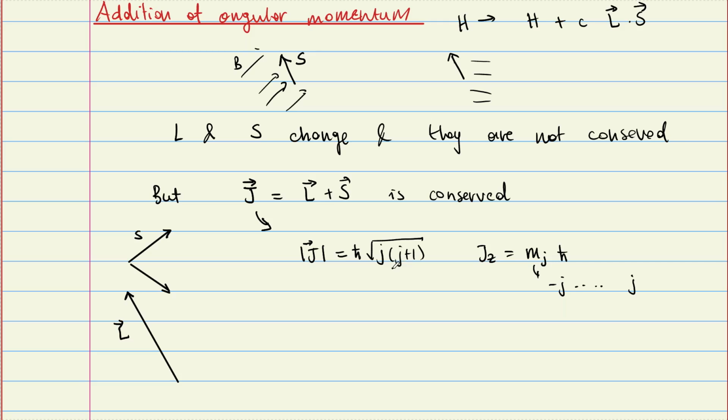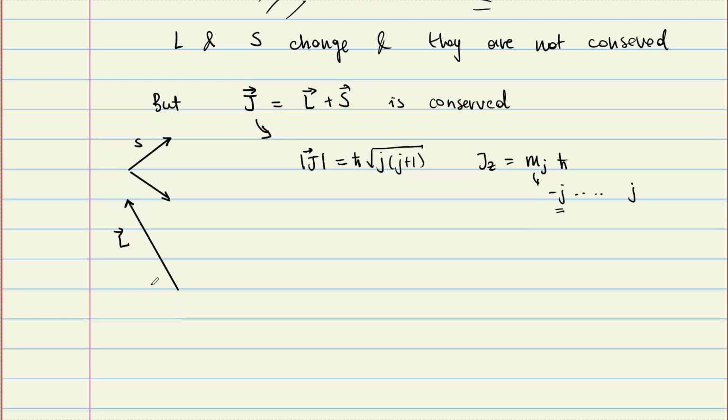To find the allowed values of j, I can consider the maximum possible j and minimum possible j, right? I'm going to use these projections, find the maximum possible projection I can build from these vectors, and find the minimum possible projection from these vectors. So you can see what I'm going to do.